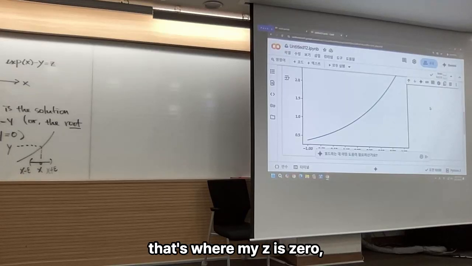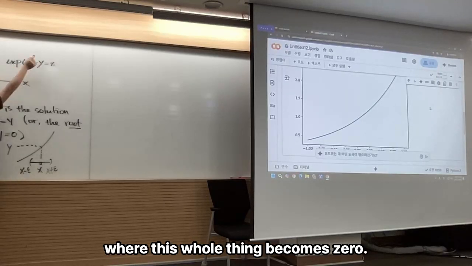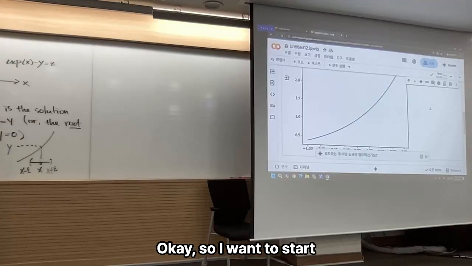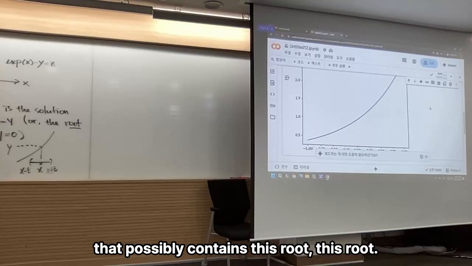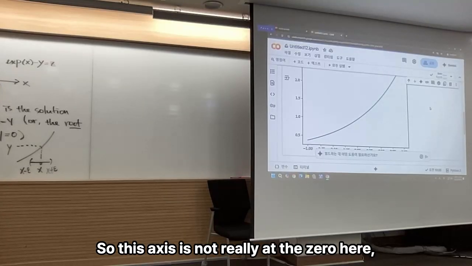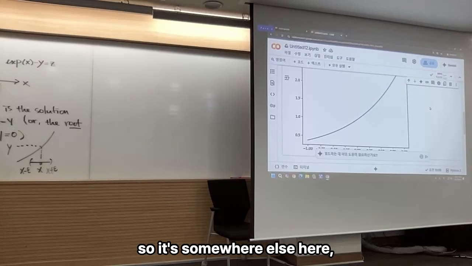That's where my z is 0, where this whole thing becomes 0. That's what I want. So I want to start from a large interval that possibly contains this root. So let's say I take minus n and n, okay? This axis is not really at the 0 here, so it's somewhere else.